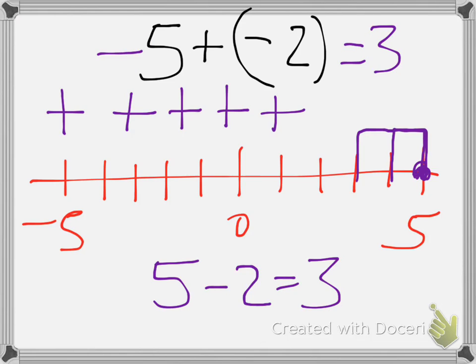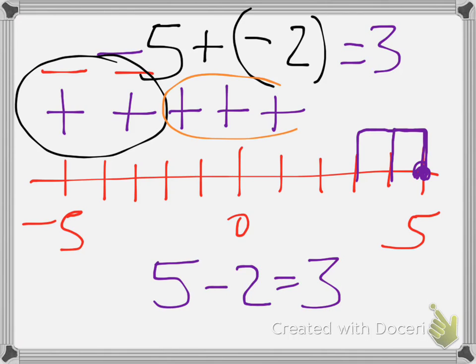I also have to add to this equation 2 negative symbols, and so I'm going to do that right there. If we remember, what I have circled right here is equal to 0, because positive 1 plus negative 1 is equal to 0, and that happens twice. So all that I'm left with is what I've circled here in orange, and that is a total of 3. And so that confirms our answer that we had.